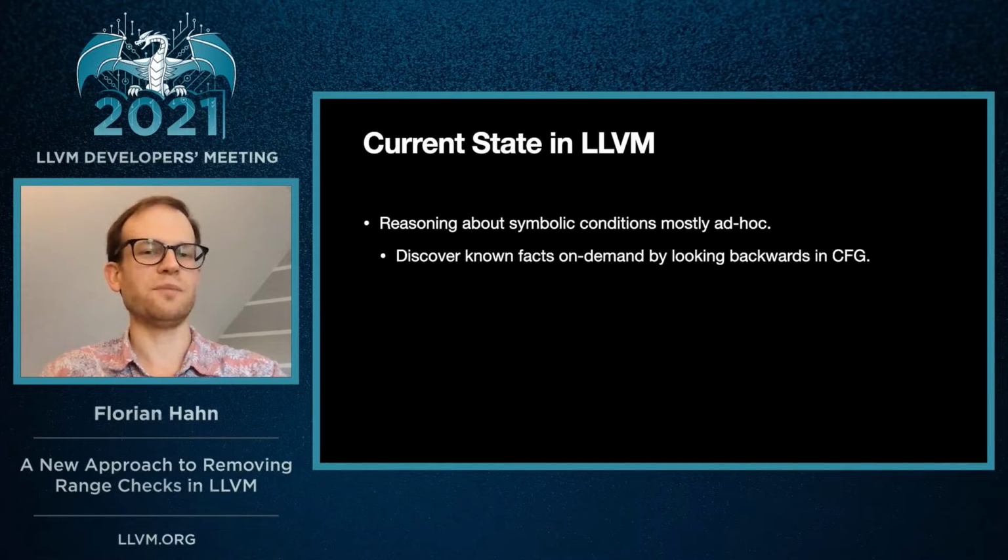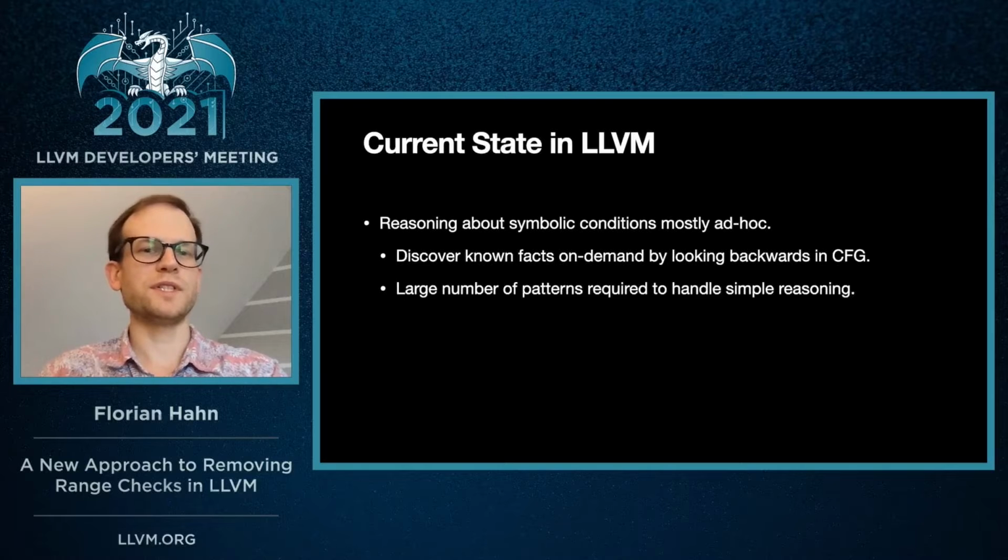This means the same parts of the CFG are traversed repeatedly, and we need a tight limit on the number of steps we look backwards to keep compile time manageable. This in turn means it's easy to miss important conditions, which we could use to simplify conditions.